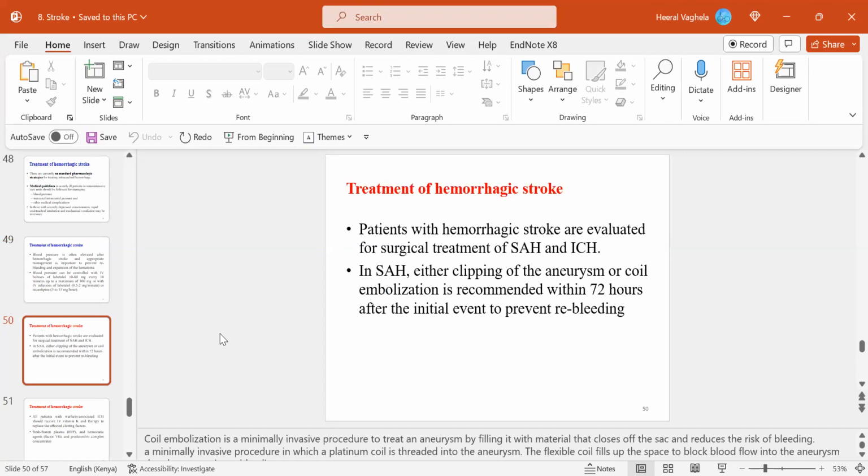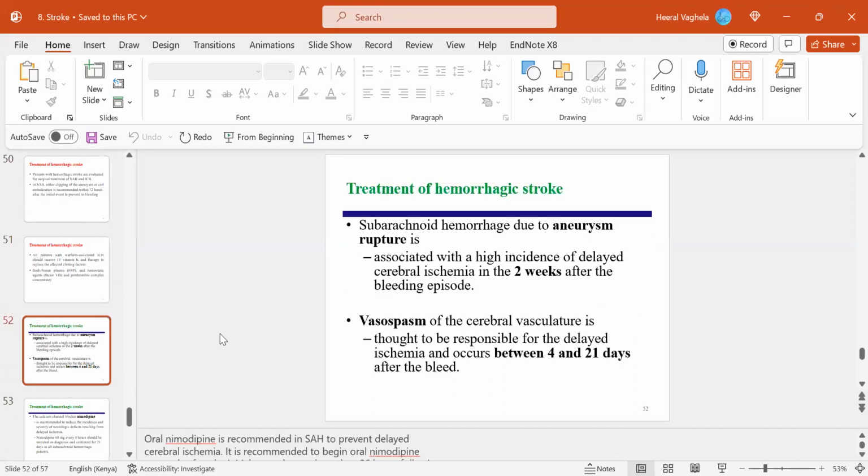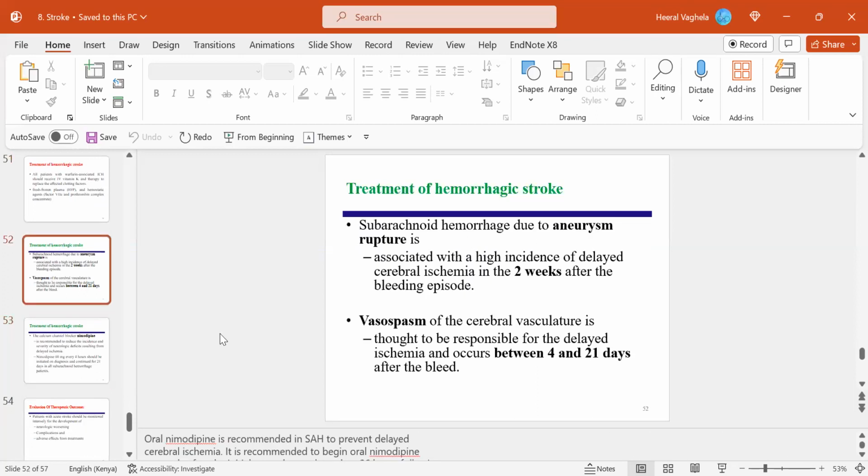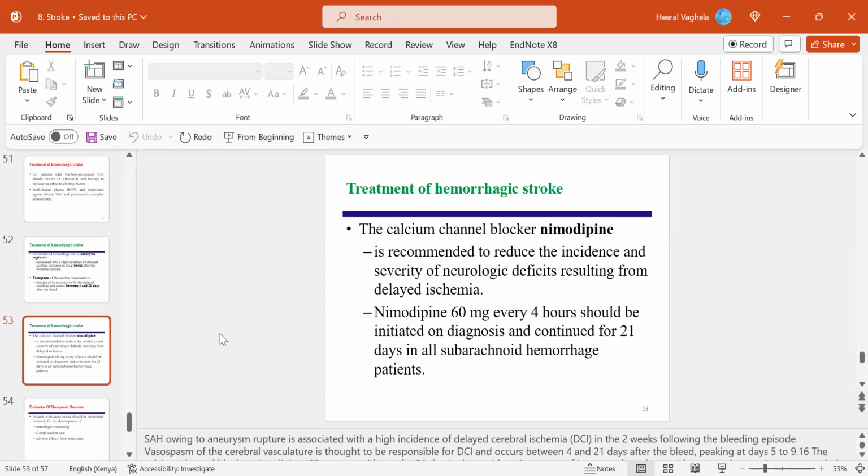Then, like Gaia said, for the subarachnoid hemorrhage, you give this calcium channel blocker called nimodipine, which is recommended for subarachnoid hemorrhage.